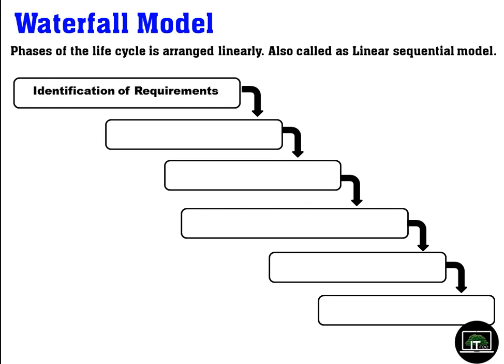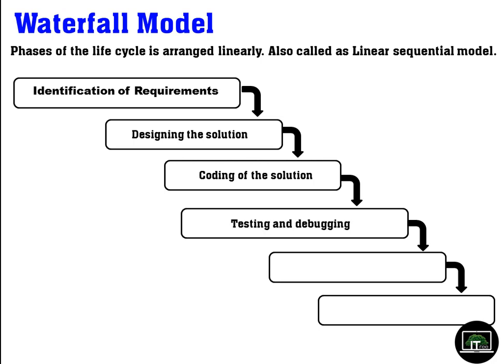First step, identification of requirements, designing the solution. Next one, coding of the solution, testing and debugging, deployment of the system, maintenance of the system. These are the same steps we use in the life cycle.